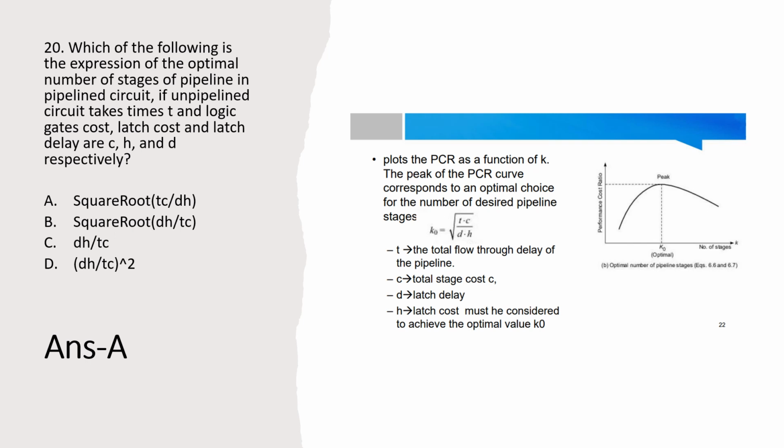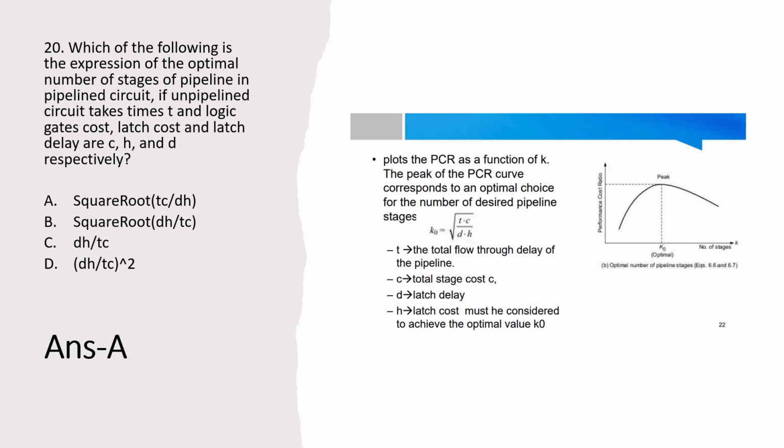So the same thing it is asking for, the optimal number of stages in the pipeline. So this expression you are seeing on the screen, k0 equals root under tc minus th. So t is the total flow-through delay of the pipeline, c is the total stage cost, d is the latch delay, and h is the latch cost, which must be considered to achieve the optimal value k0.